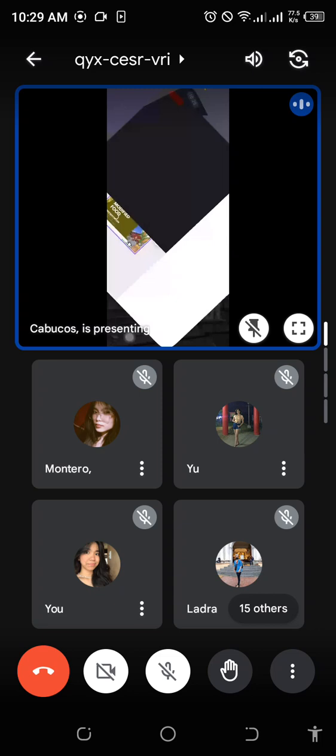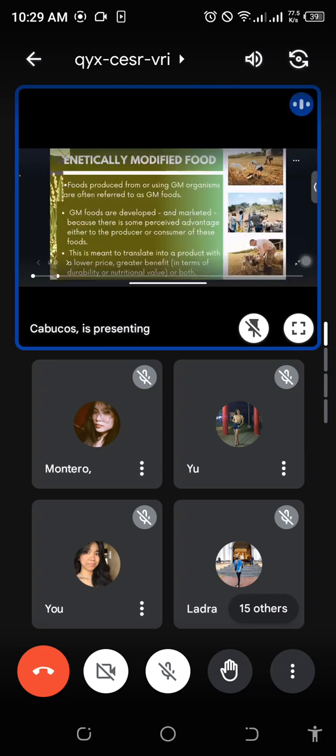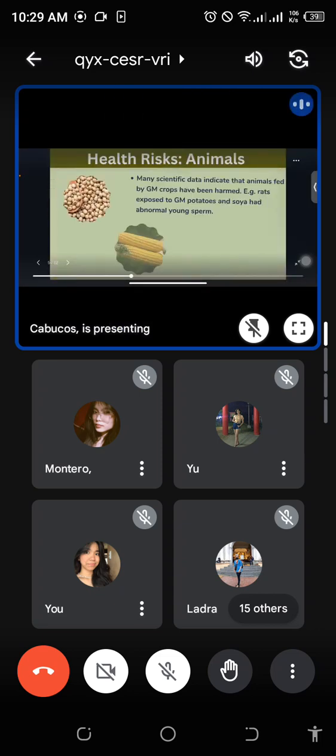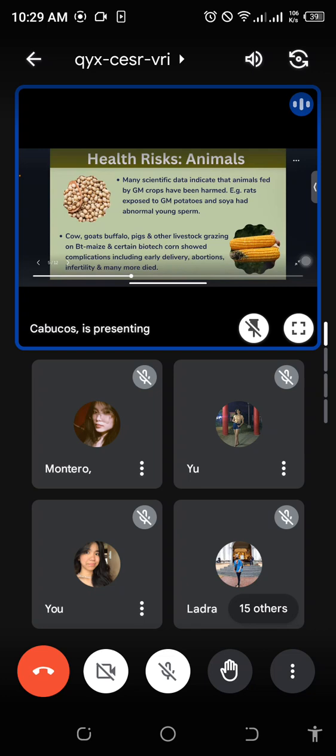Okay, number two. Number two, bullet: cows, goats, buffalo, pigs, and other livestock grazing on Bt maize and certain biotic corn. Bt maize and biotic corn are GM crops, genetically modified to withstand toxins.